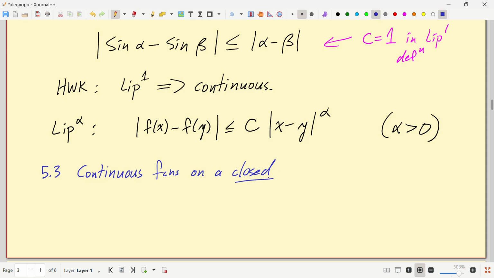Namely, when you studied max-min problems, you needed to know that a continuous function on a closed interval assumes its maximum. So the big facts, I guess a preliminary big fact, is that a continuous function on a closed interval is bounded.